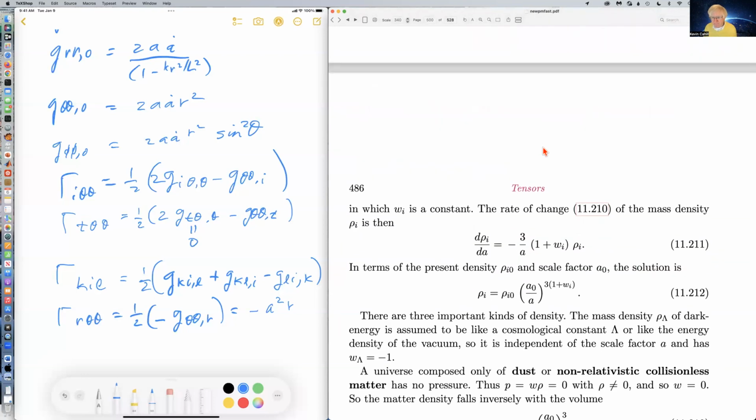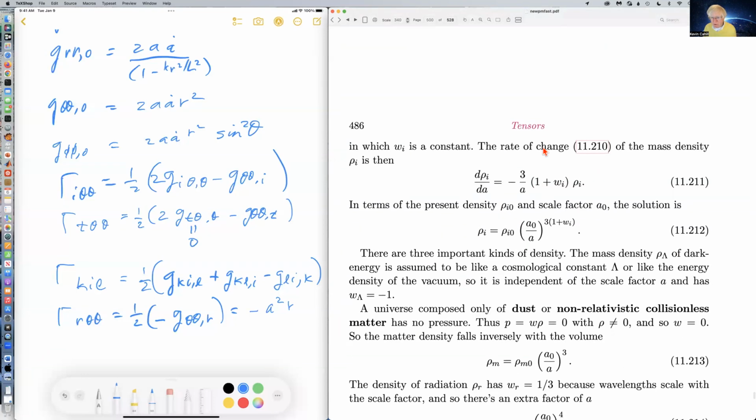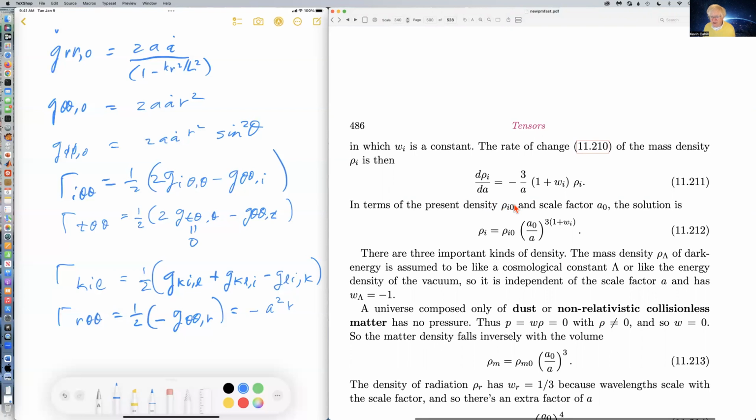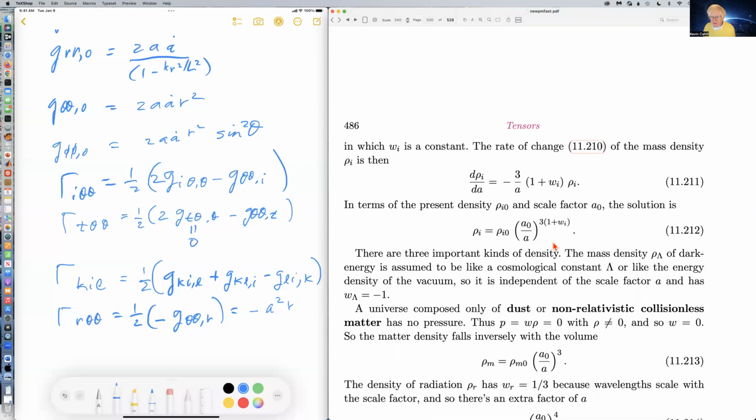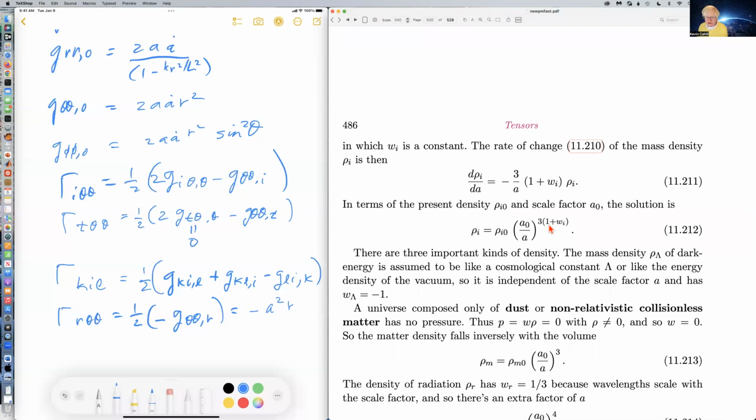And putting those together, what we get is d rho i dA is given by this, and you can then integrate that, and you find that rho i is just a constant times 1 over a raised to the power 3 times 1 plus w_i.